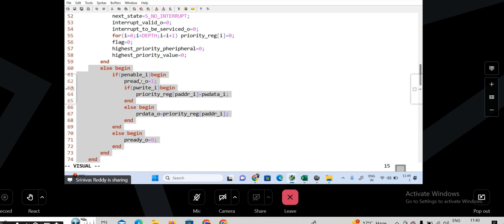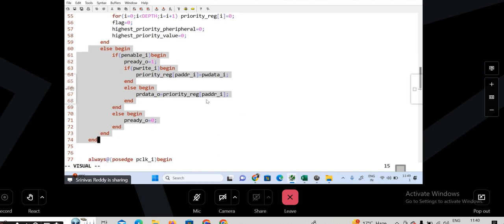This is my what? W data. Read and write is happening here. Correct. Let us make this into unsigned. Okay, the changes I have done in this program are not saved.